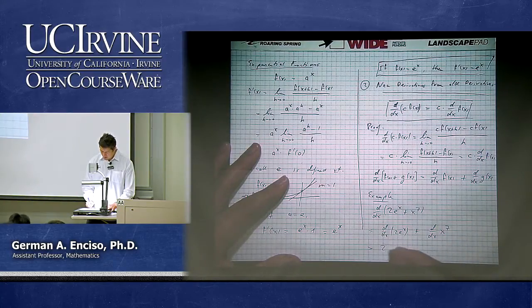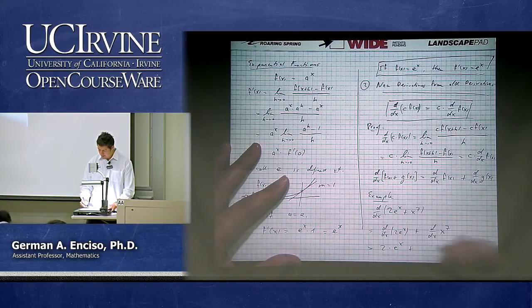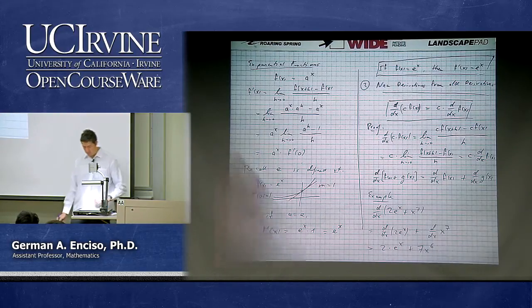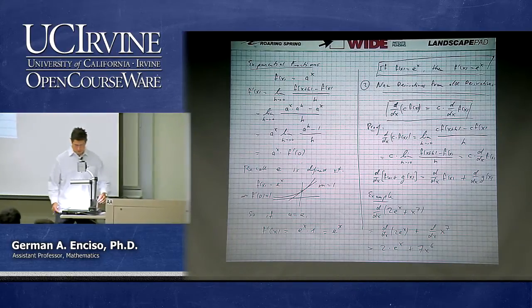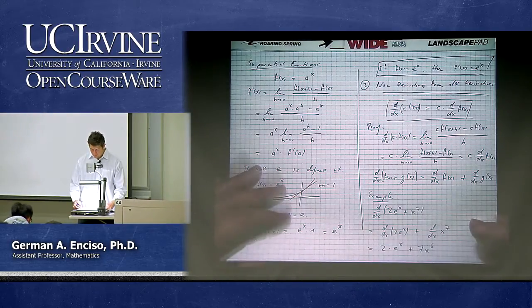This is equal to 2 times the derivative of e to the x, which is e to the x, plus the derivative of x to the 7, which is 7x to the 6. So there you go.